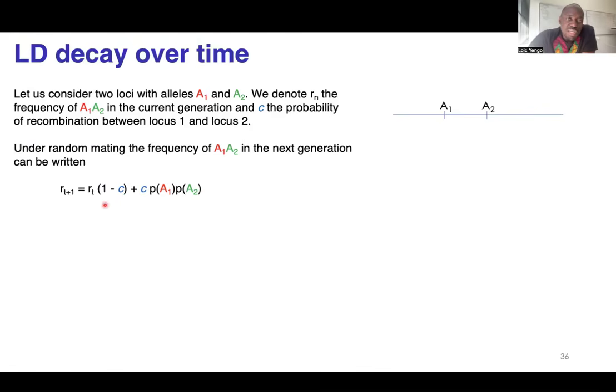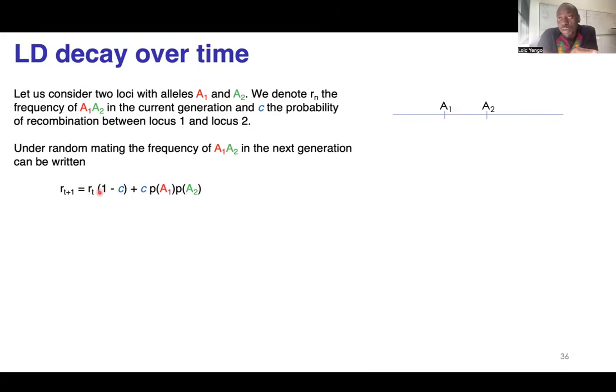Well, if we apply the total probability theorem, it's going to be the probability of having that in the current generation times the probability of no recombination. So if there is no recombination, it means that the frequency is going to be unchanged. So whatever we had in the previous generation is going to be maintained.